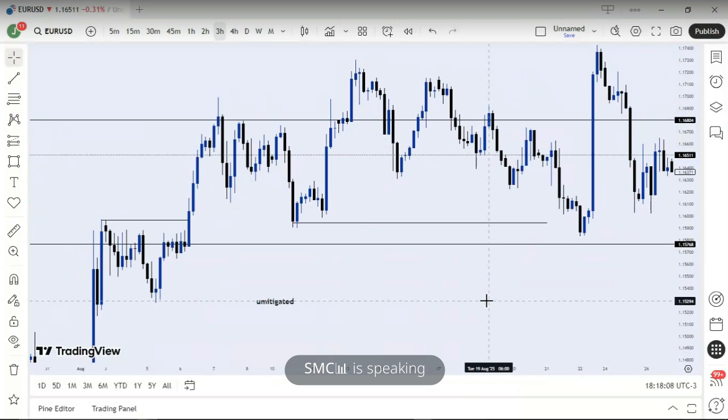That's very cool. So now these things I said, you need to pay close attention to. Number one, it must be unmitigated. Number two, it must be in line with the market direction. Number three, the candlestick that is being formed after the bearish or the bullish candle must be an engulfing candle.